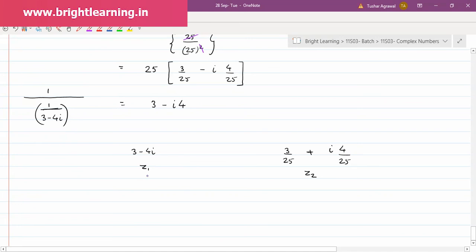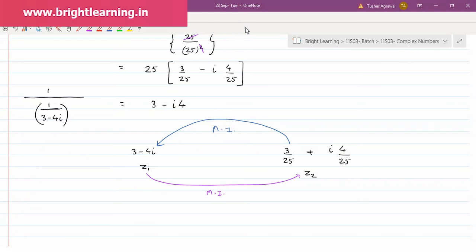The multiplicative inverse of z1 is z2, and the multiplicative inverse of z2 is z1. It is similar to what happens with real numbers. The reciprocal of 2 is 1 by 2. The reciprocal of 1 by 2 is 2. The reciprocal of 7 is 1 by 7. The reciprocal of 1 by 7 is 7. Okay. This is with respect to the multiplicative inverse. More questions about multiplication we will do tomorrow. Not tomorrow, next lecture.